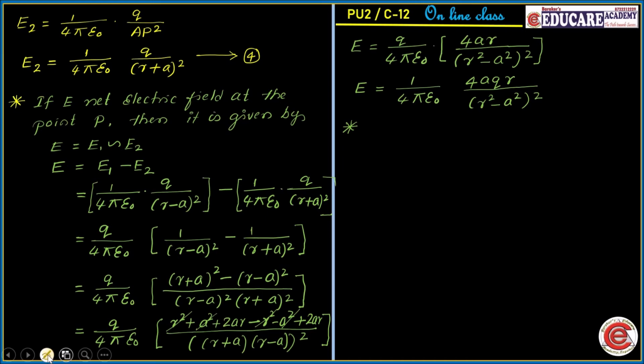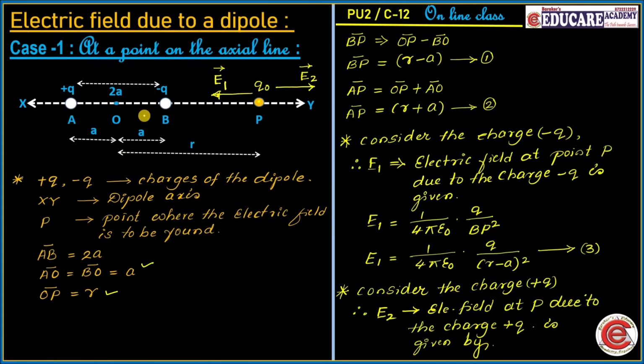If you look at the given diagram, the distance of the point P from the center of the dipole is much greater than the distance 2a, or the distance a. So 2a is a very small distance, whereas r is a larger distance which can be taken according to our will and wish.